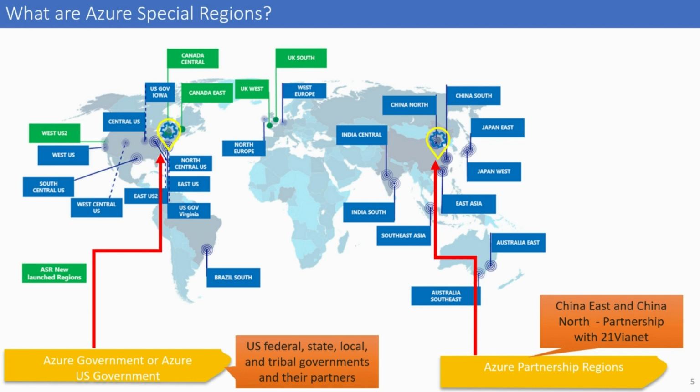Next, there are a couple of other regions from China, that is China East and China North. These regions are available through a unique partnership between Microsoft and 21Vianet, whereby Microsoft does not directly maintain the data centers.